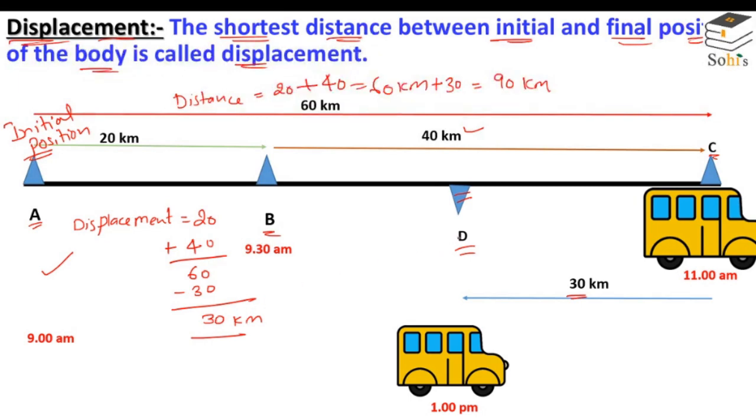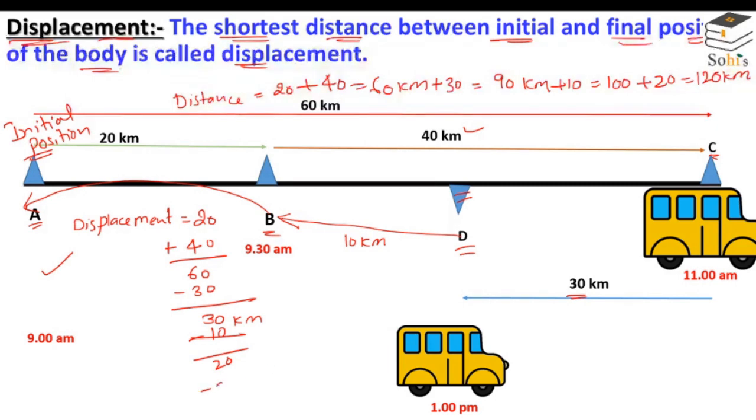When the body comes back to point B after covering a distance of 10 kilometers, the distance becomes plus 10, it is 100, but displacement becomes minus 10, it is only 20. When the body comes back to point A, its distance becomes 20 more, it is 120 kilometers, but its displacement becomes only 0 kilometers.